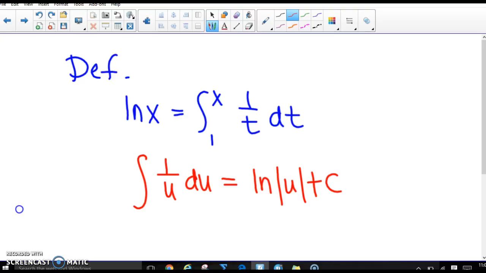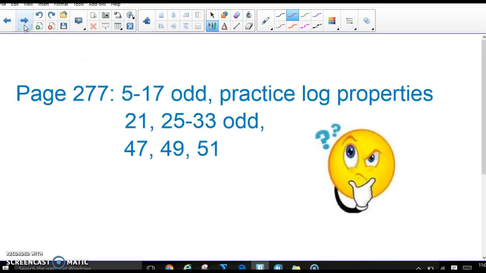What you're going to be working on are problems that are just derivatives, so some old derivative questions, as well as some that apply the second fundamental theorem of calculus, and some problems that are integrating 1 over u du. You might need some u substitution going on in there. See how far you can get through these problems. As I wrote here, you've got some log properties that are going to be coming up.